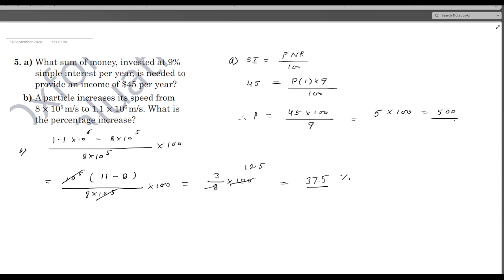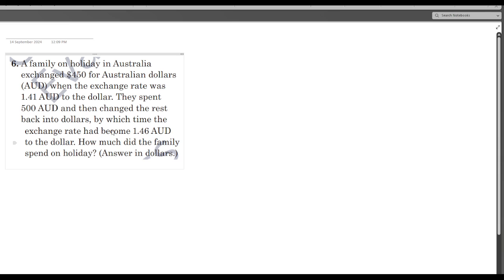Now the next question, number 6. A family on holiday in Australia exchanged $450 for Australian dollars when the exchange rate was 1.41 Australian dollars. So 1 American dollar is equal to 1.41 Australian dollars. Now you have 450 American dollars, so this will be equal to 450 times 1.41.